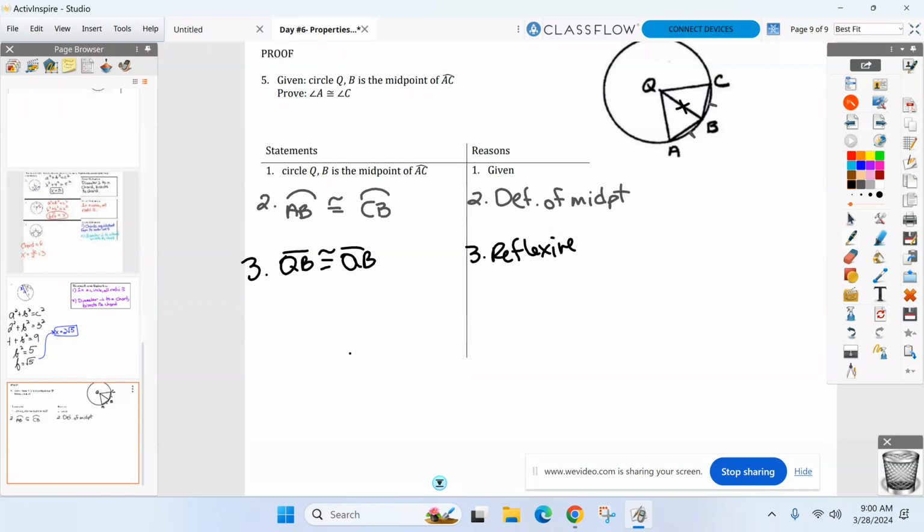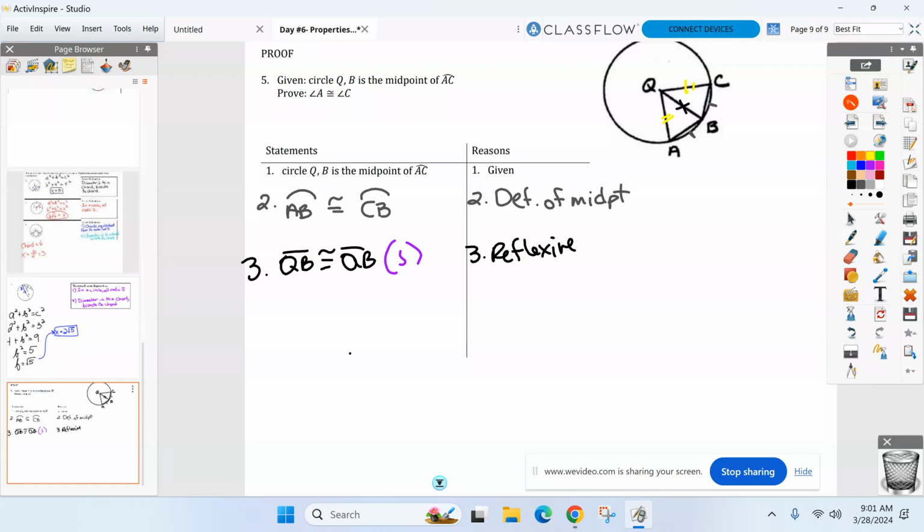Tess got us a side. Zoli, where do you want to get us? Correct, because they're both radii. Now, this came up first period. You cannot say in the same statement that QA, QB, and QC are all equal because they're radii.